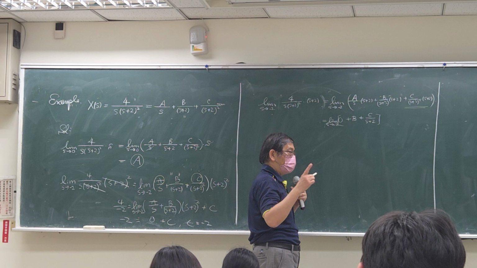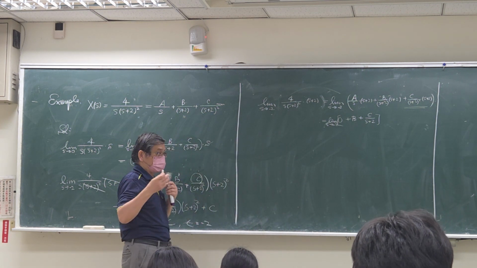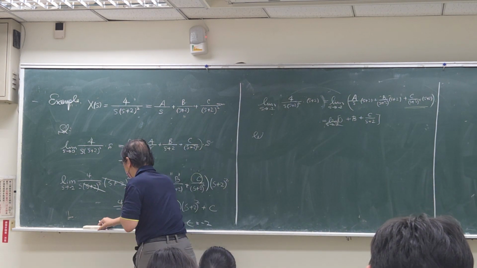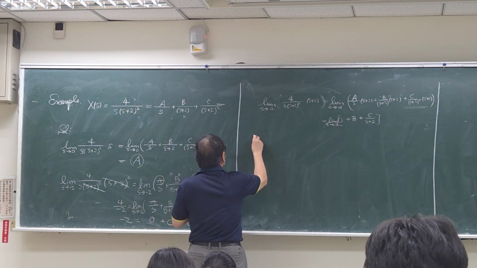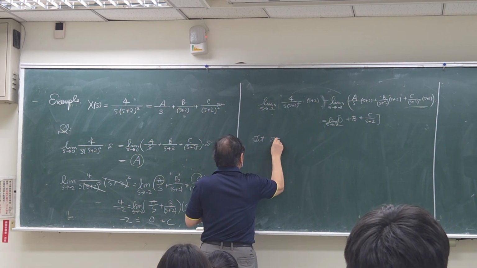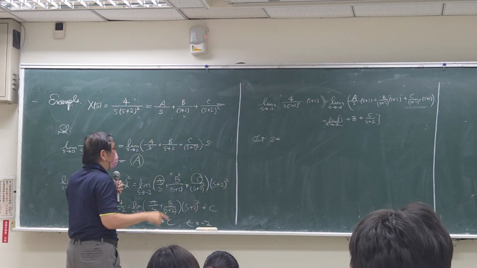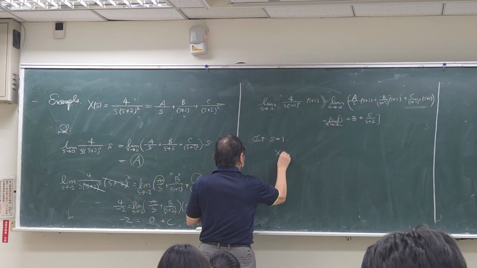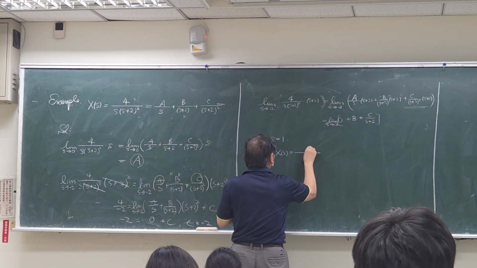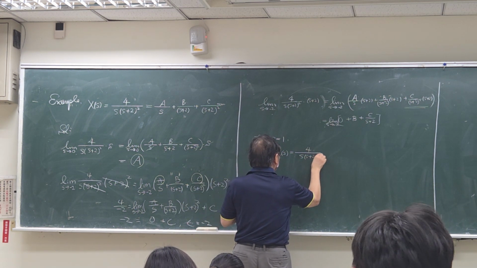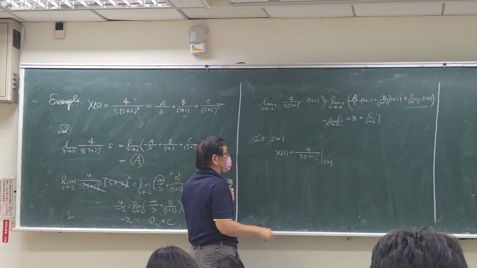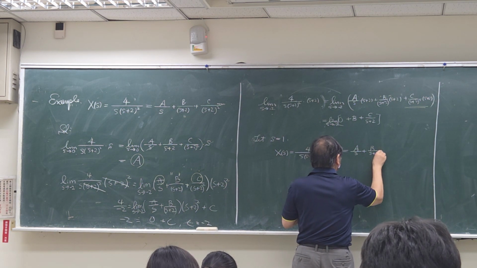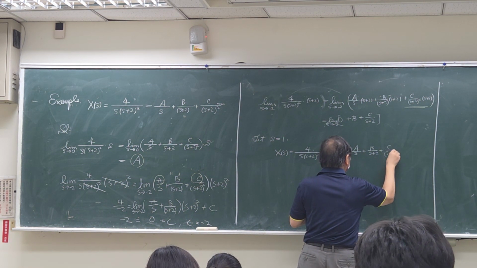One of the approaches is given by the book or some other books. If we let S be, say, 1, for example. So the expression is equal to A over S, and then B over s plus 2, and C over (s plus 2) squared.